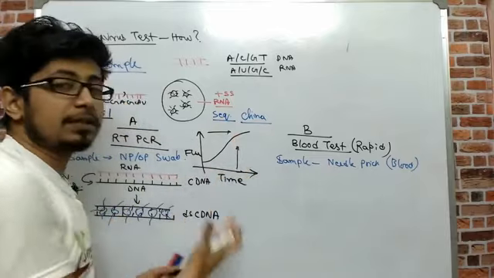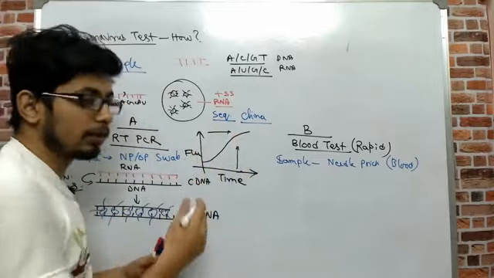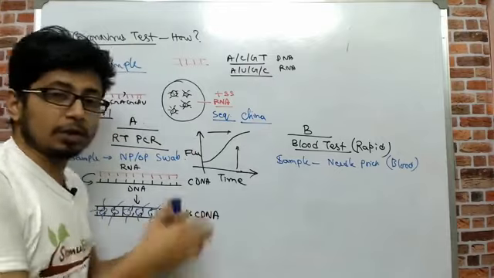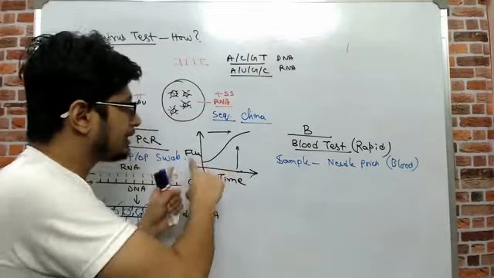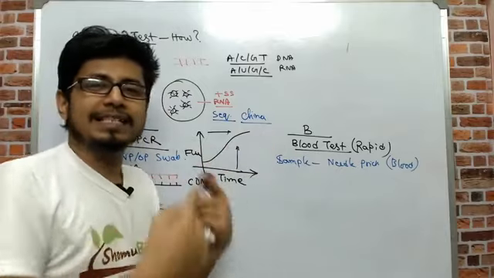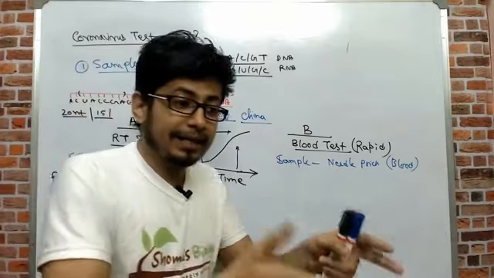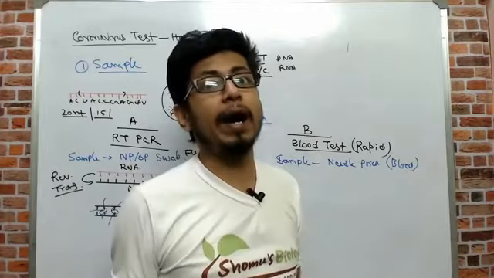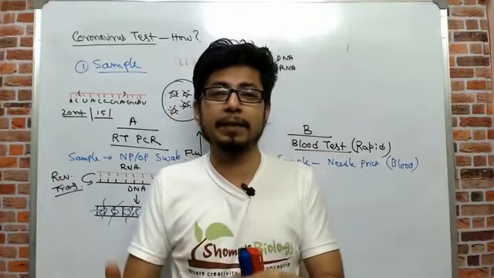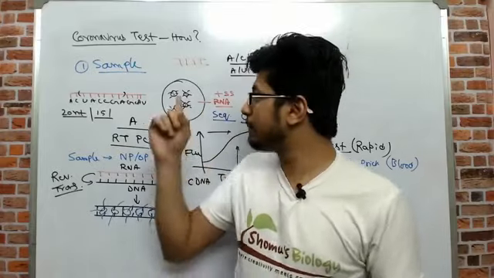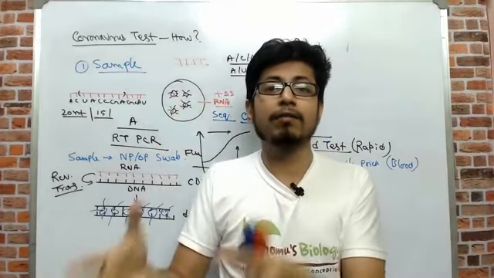So this gives us a positive result, that if during the process of RT-PCR, we find an increase in the fluorescence, that means our target RNA region is being amplified. If our target RNA region is amplified, that means the swab contained the viral RNA.